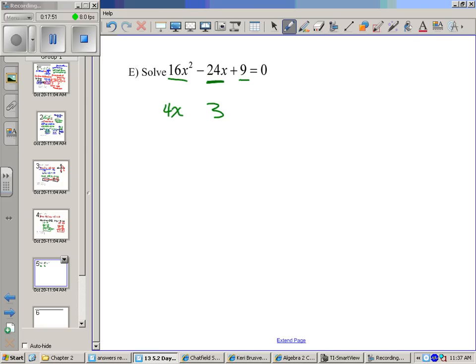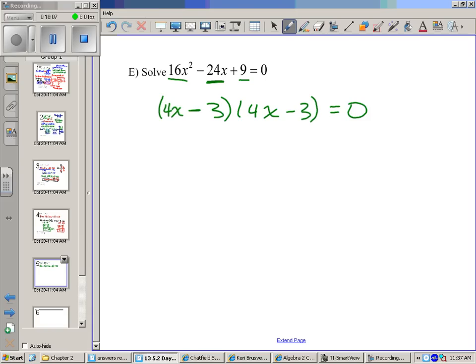So notice it fits the pattern of 2AB. So I can say this is 4x minus 3 times 4x minus 3, and that's equal to 0, because this is a perfect square trinomial.